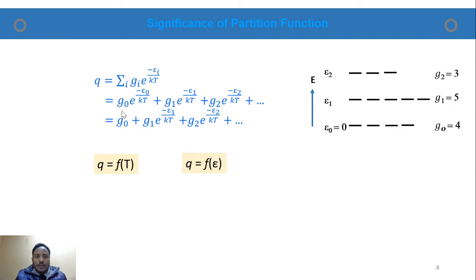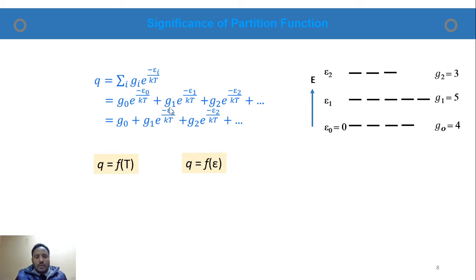So whether or not q will assume a higher value will depend upon the contributions coming from all the terms after the first term. And if we see this expression, we have e to the power minus energy in the numerator and the temperature in the denominator.